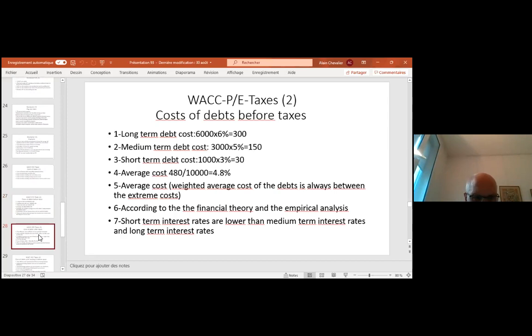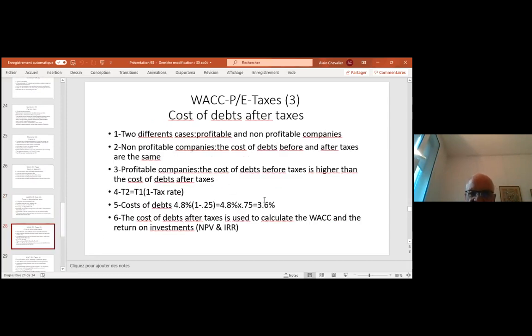Let's move to the second slide, and the second slide is about the profitable and the non-profitable case. What I said and demonstrated is that after taxes, for a non-profitable company, the cost of debt is the same as before taxes. For a profitable company, it's different.